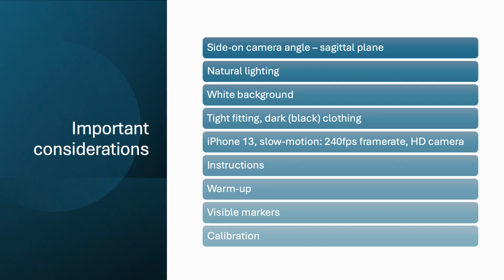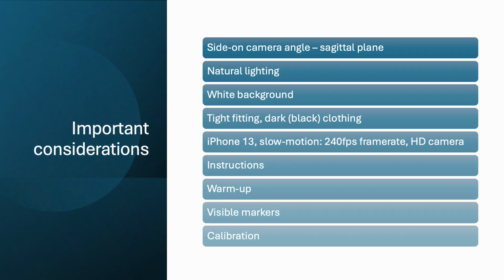And filming was done with an iPhone 13 using slow motion, which is 240 FPS frame rate, and a HD camera. Instructions and a warm-up were provided to the participant prior to the test to ensure they understood and were ready for all of the demands of the task.